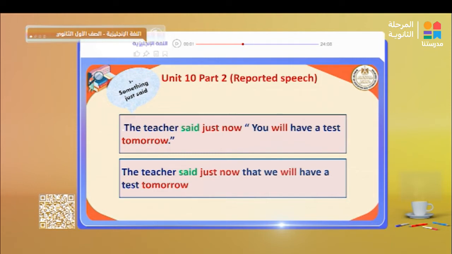Why? Because we have the words just now. Something which is just said, or said a moment ago, will not change into the past. So the teacher said just now that we will have a test tomorrow. And as you notice here, we don't change the time reference. The word tomorrow will not change into the following day.